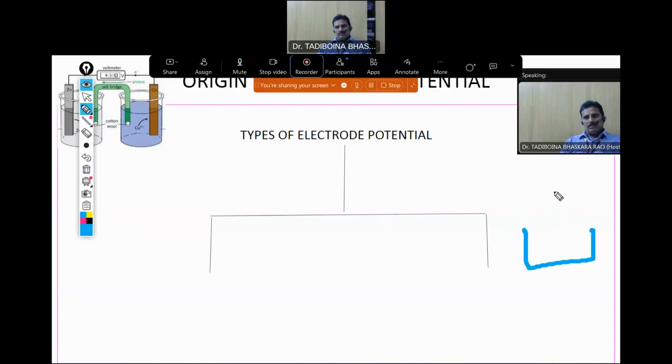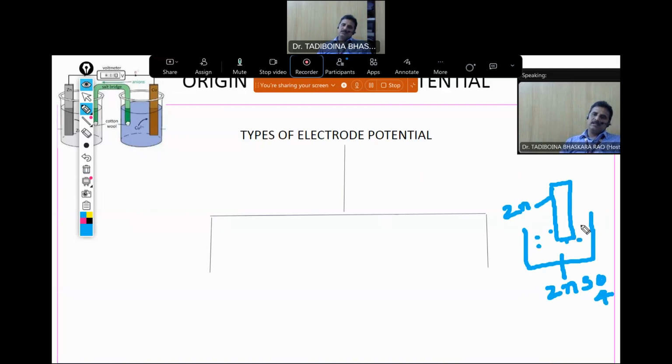For example, any electrode, it may be zinc or copper, whatever it may be, you dip in the electrolyte. When dipped in the electrolyte, some potential will be developed at the interface of the electrode and electrolyte. Whenever the potential is developed, either gain of electrons or loss of electrons takes place.